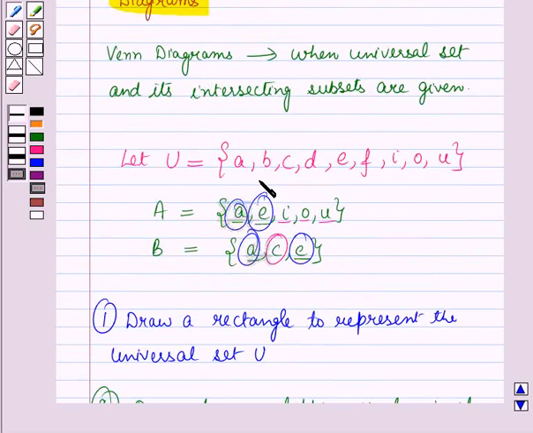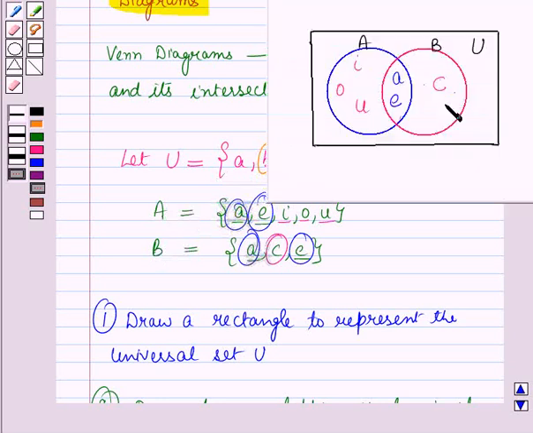Now the remaining elements of the universal set, which are not in A and B both, are B, D and F. So we will write the elements B, D and F anywhere inside this rectangle, but outside the two circles.